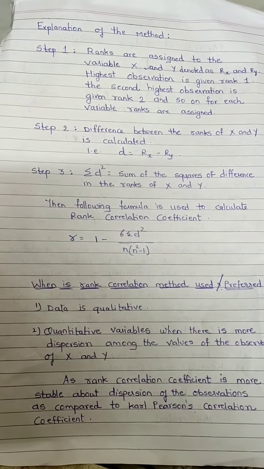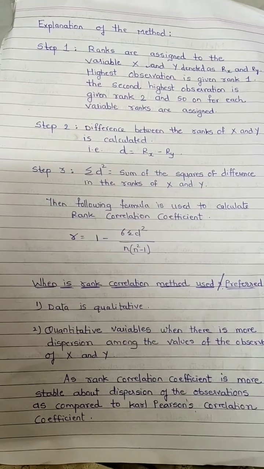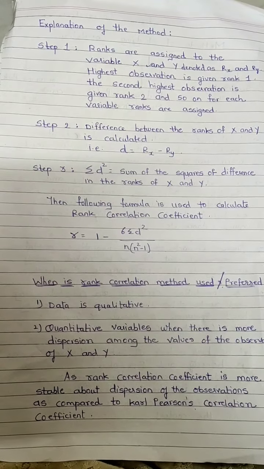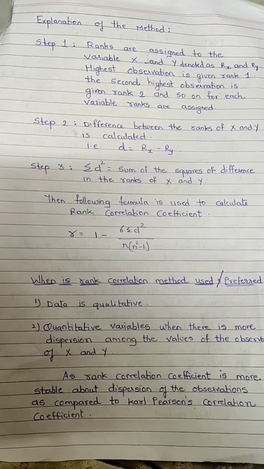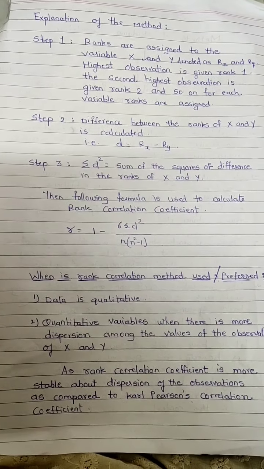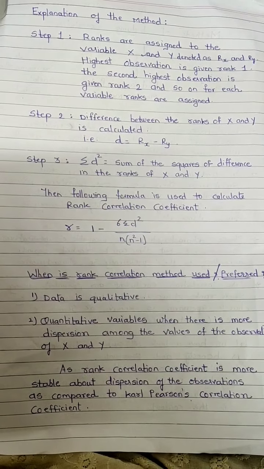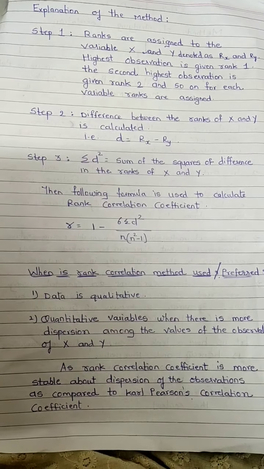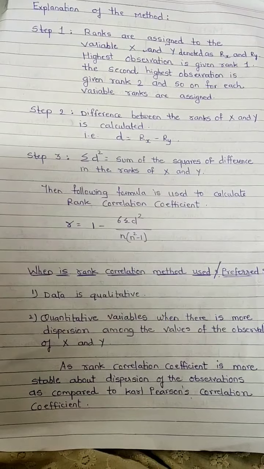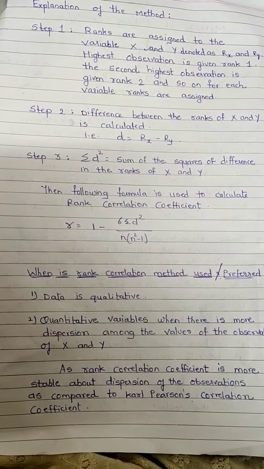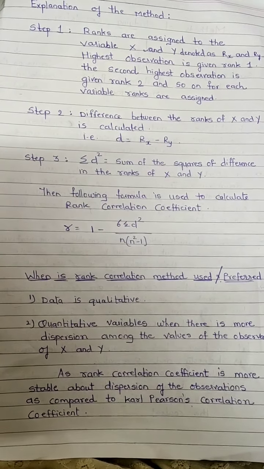You have to remember 3 steps. First step, if ranks are not given to the variables, you have to assign the ranks. So that is the first step, to assign the ranks to variable x and y. We denote them as Rx and Ry.